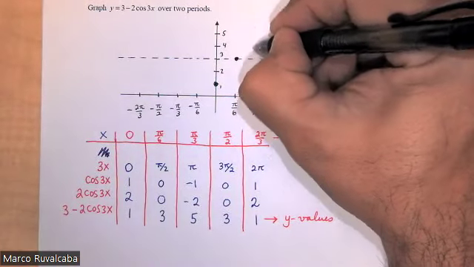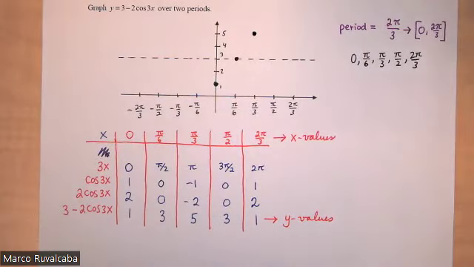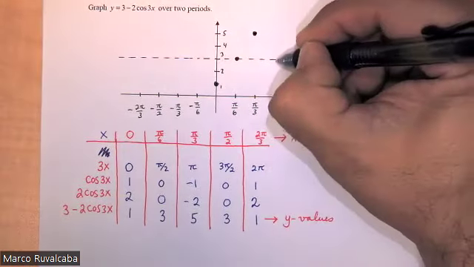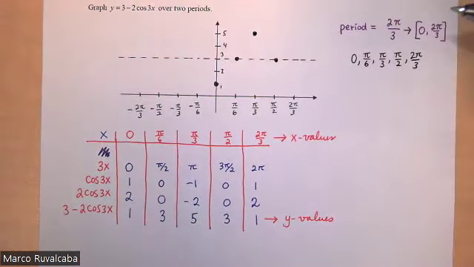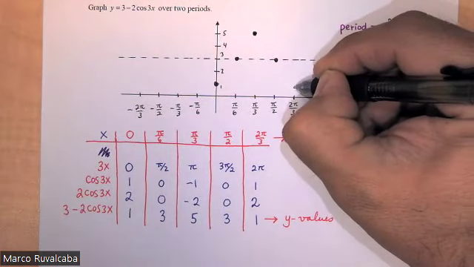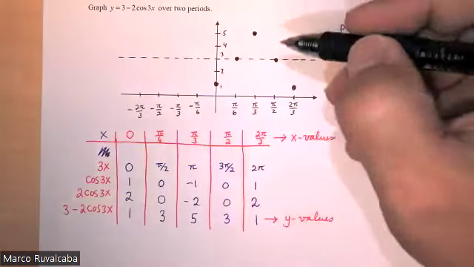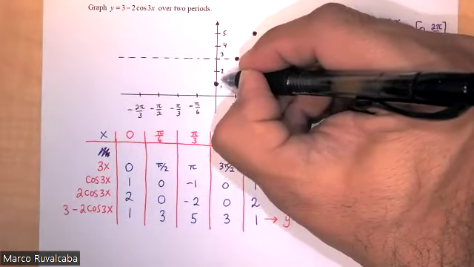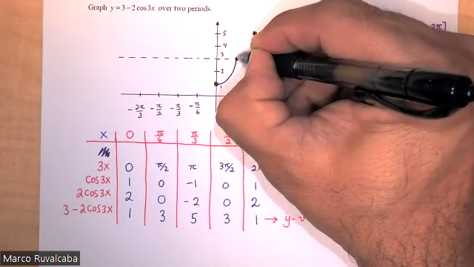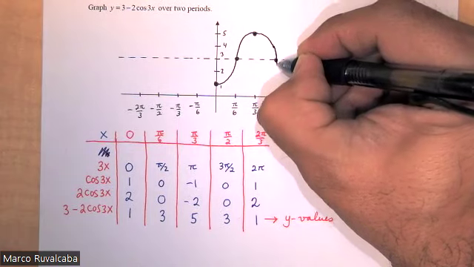I really should have drawn another one at 5 there, but I'm just going to guesstimate it right here. Pi halves, 3. And then 2 pi thirds, 1. And you can see there, that's our graph. That's our cosine.